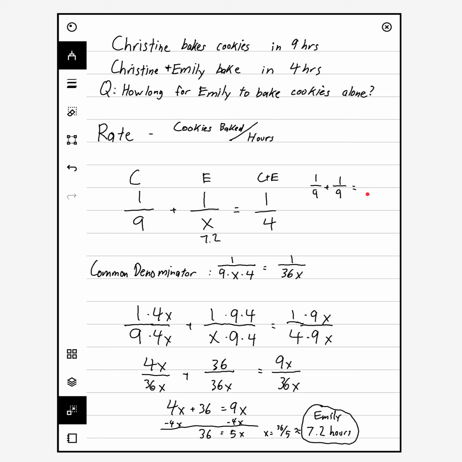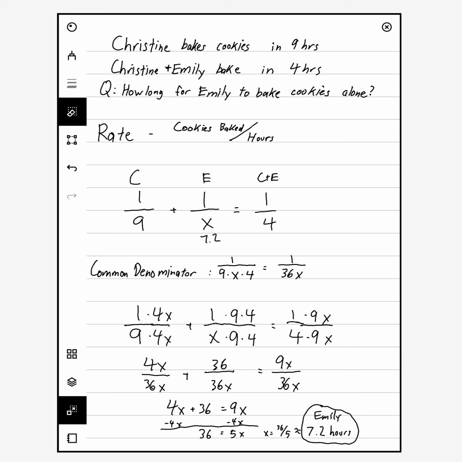So that is going to be equal to 2/9. And then the closest thing to 1/4 would be 2/8. So it looks like they did it faster, because 2/8 is greater than 2/9. Maybe that part didn't make sense.